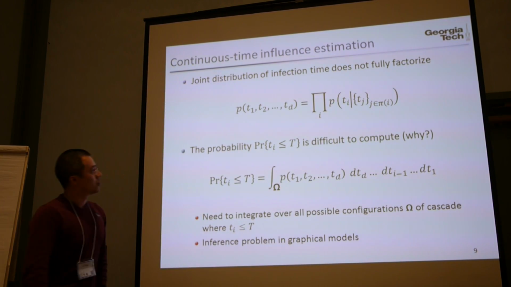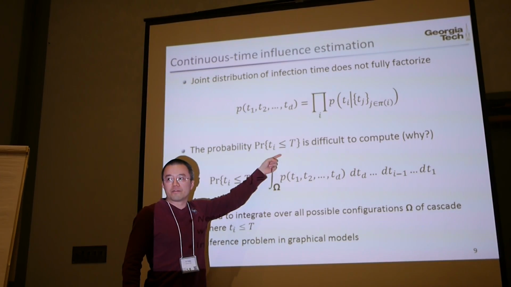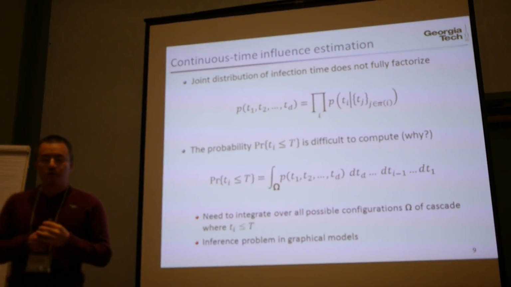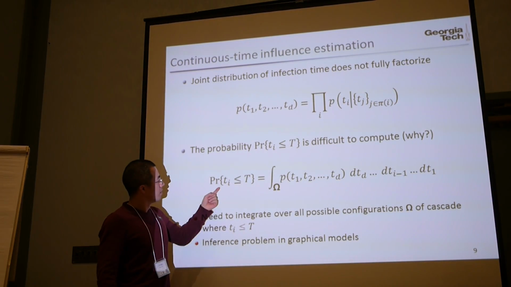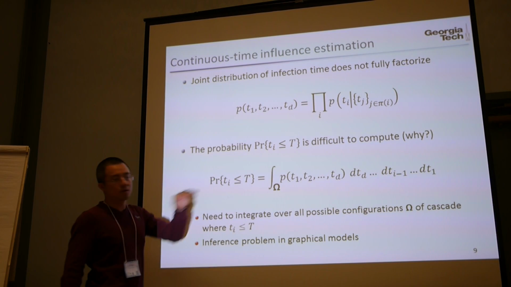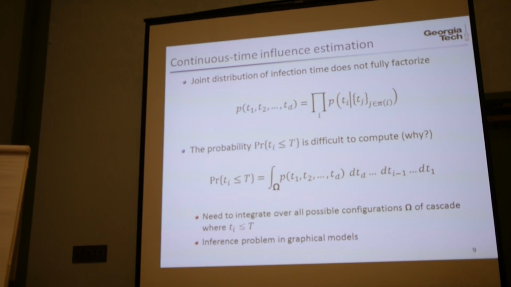So if you want to compute the probability of the infection time for i being smaller than t, effectively you need to marginalize out all other variables that are not here. You want to integrate out too many continuous variables. So it's a very difficult inference problem in graphical models. So we want to avoid that.